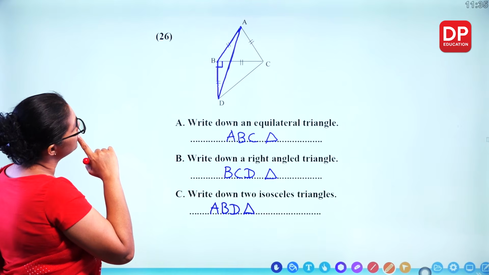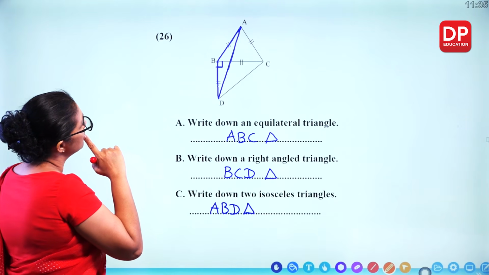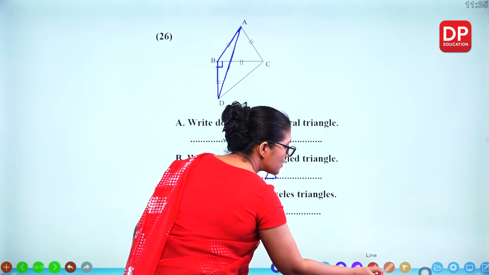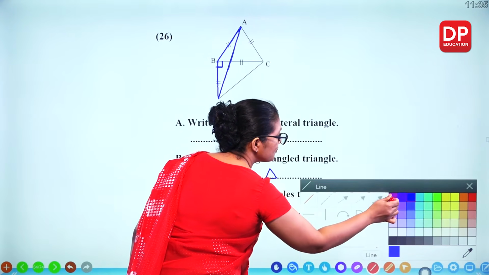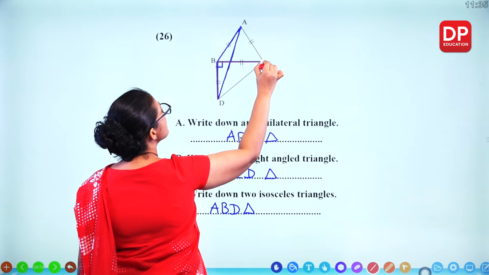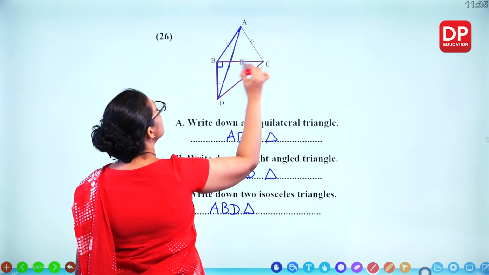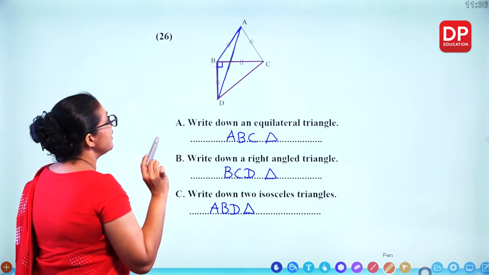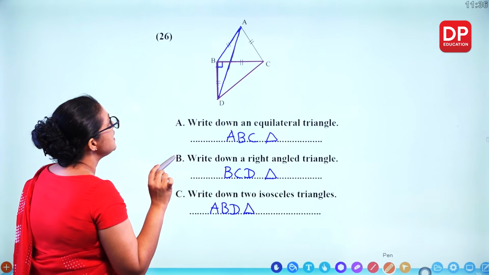What's the other one? This is also right angle as well as isosceles. Can you see this one? This. Two lengths are equal. That's also an isosceles triangle. BCD.